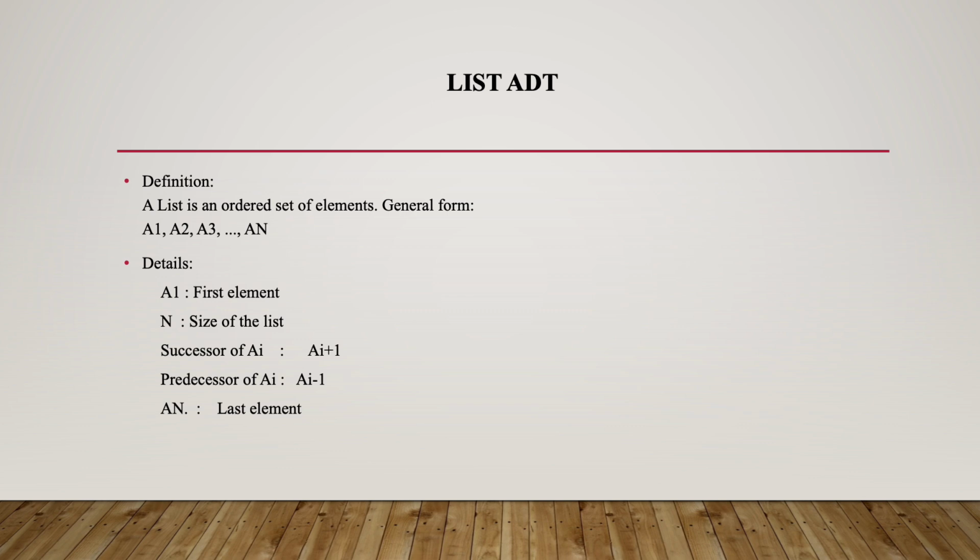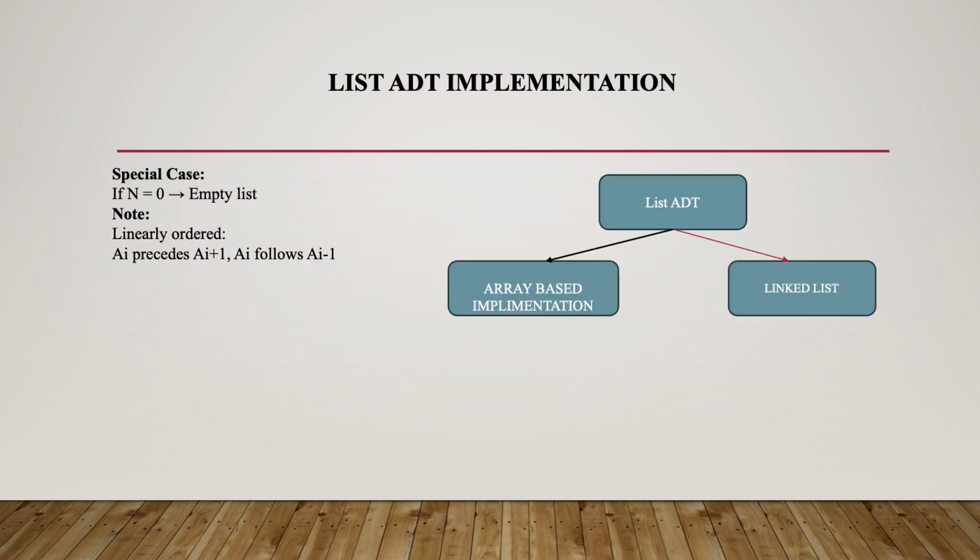Understood? So the list ADT helps us organize and manage a collection of data where the order of elements matters. Okay. So now let's talk about how we can implement a list in a program.